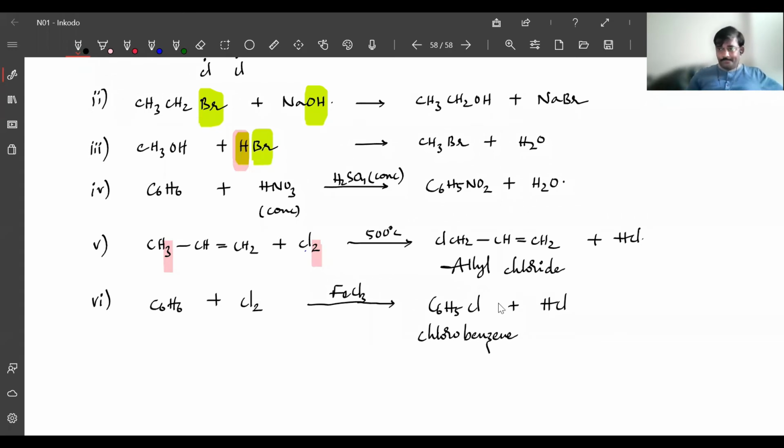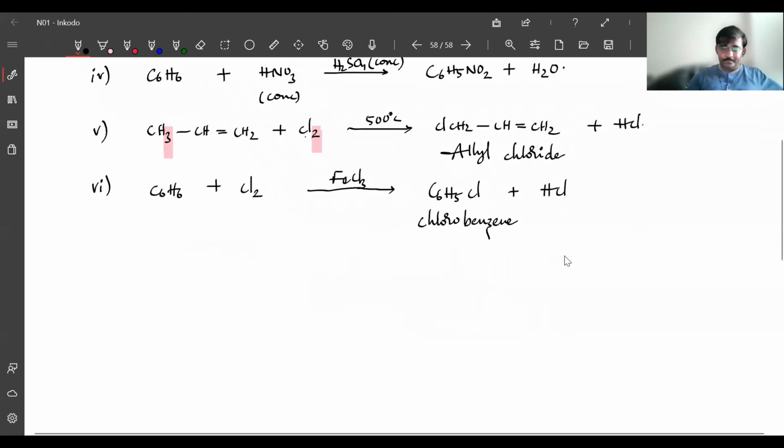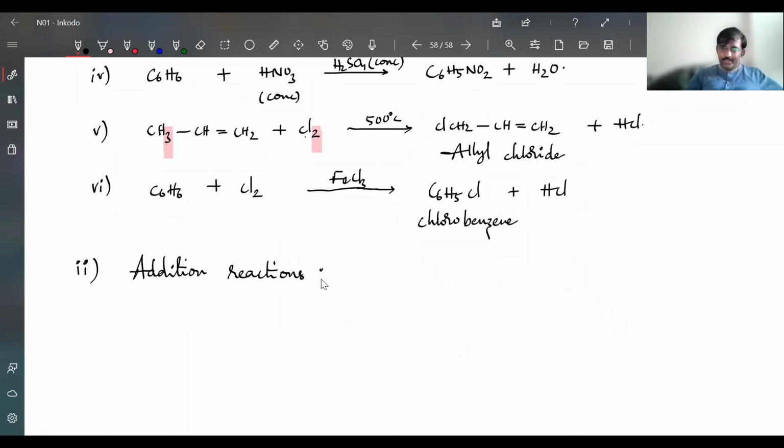So next, after substitution reactions, the second type of organic reactions we have are called addition reactions. The name itself is indicating addition. Addition means we'll add a small molecule, like hydrogen H2 to the compound, or we'll add chlorine to the compound.